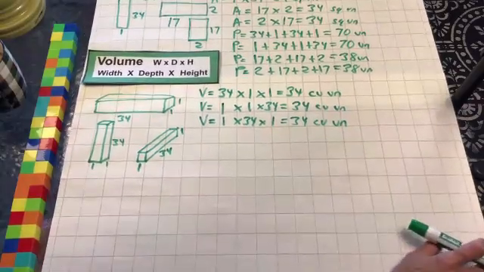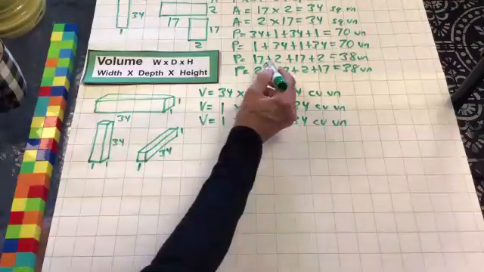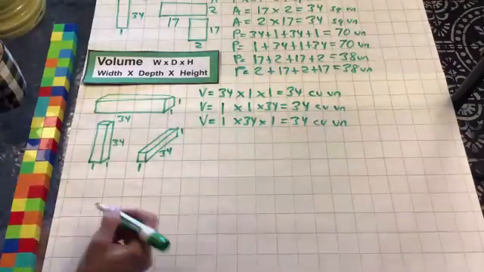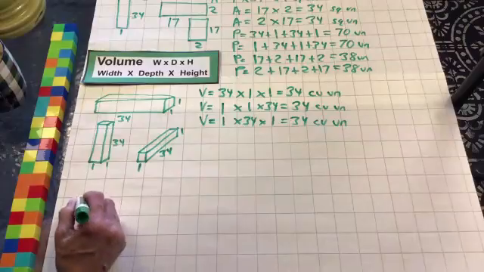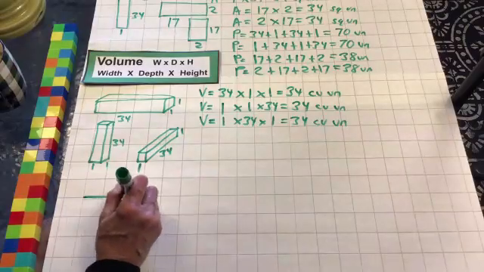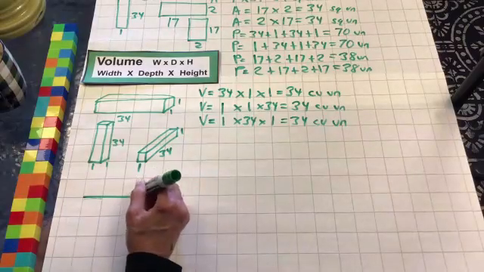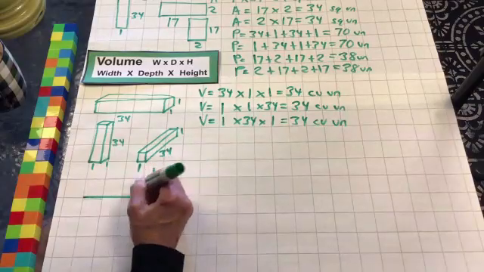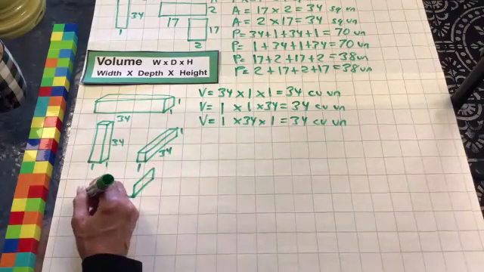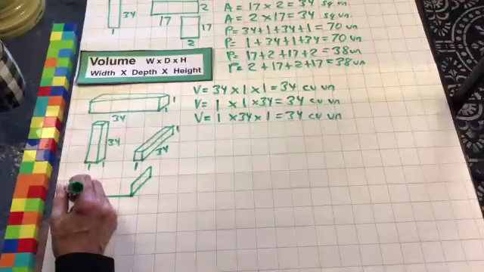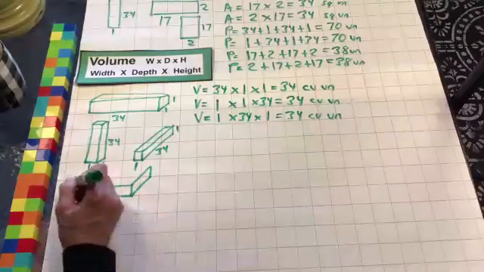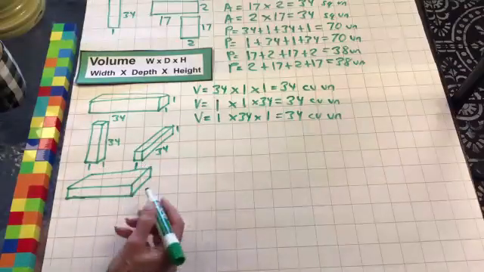Now let's go the other route with the 2 times 17. So let's do 17 wide by 2 deep by 1 tall. Do your best. No worries. We're not perfect here.